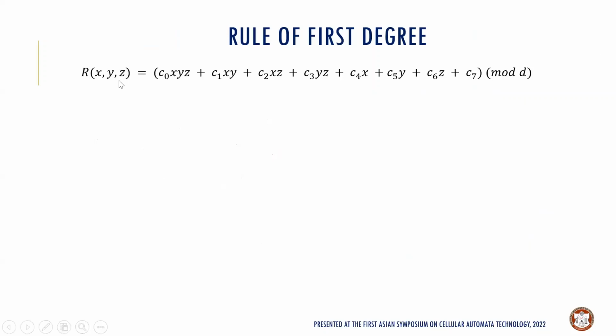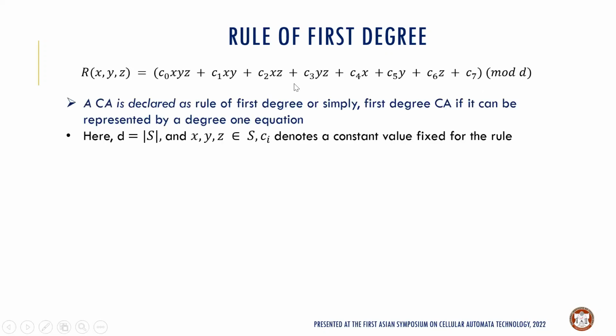If we take the rule R of XYZ in this form, where C0, C1, C2, all these are some constants, and we take all possible combinations between the X, Y, and Z, and the degree of this equation is 1, then this CA we declare as the rule of first degree, or simply first degree CA.